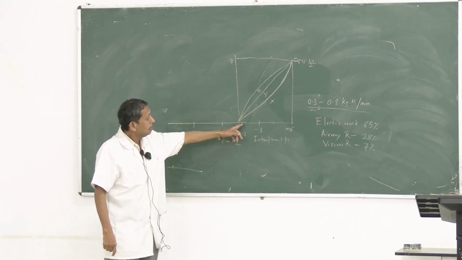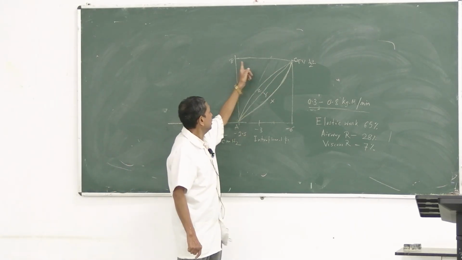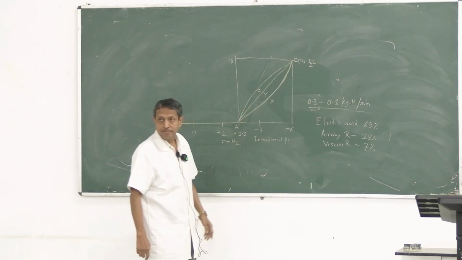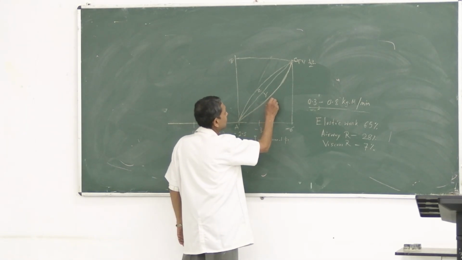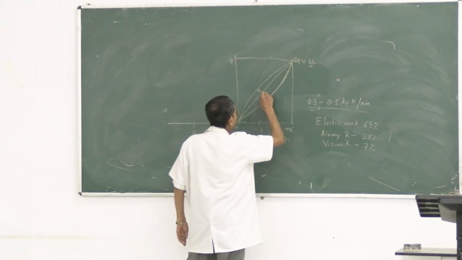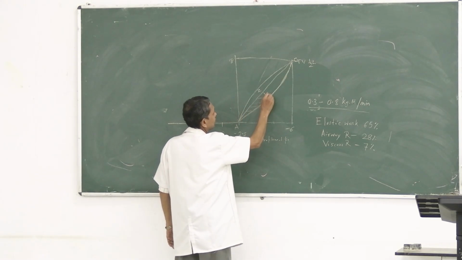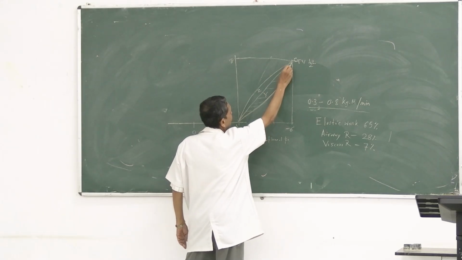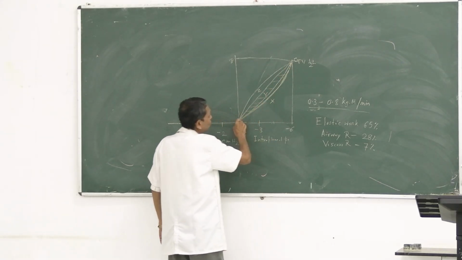Then you get this AYC, and it is this elastic work, and AXCYA, this area, is the combination of this airway resistance and the tissue resistance.